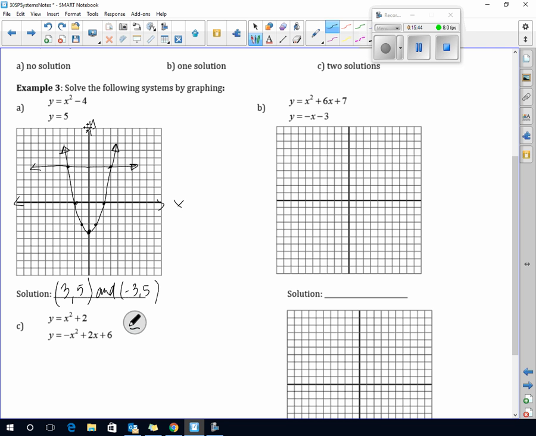Factoring will tell you what the x-intercepts are, but completing the square will tell you the vertex. So y equals x squared plus 6x, and I'll put a plus 7 over here. So what do we do in this process? We take half of plus 6, which is plus 3, and if I square it, I get plus 9.